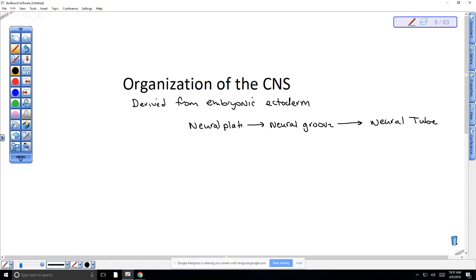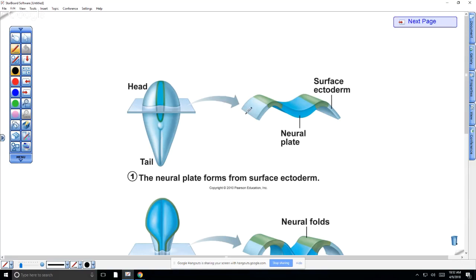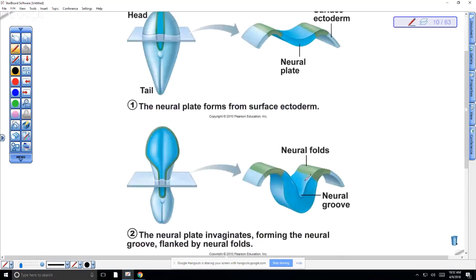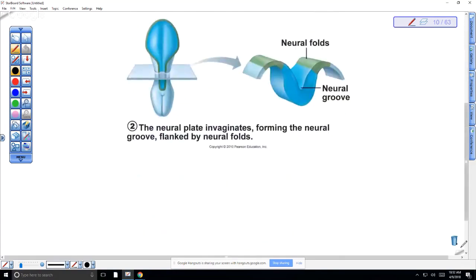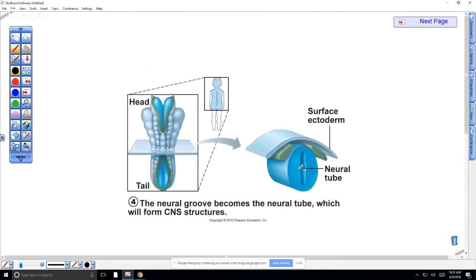So if we look at a diagram of this progression of development, this is my neural plate. This is my ectoderm. It develops into a neural groove, and then we get what is called the neural tube. This occurs very early on during embryonic development.